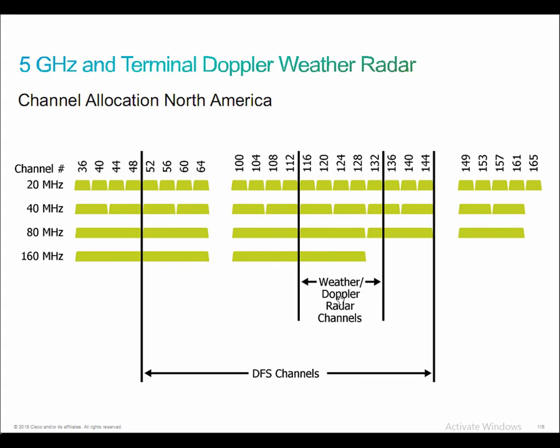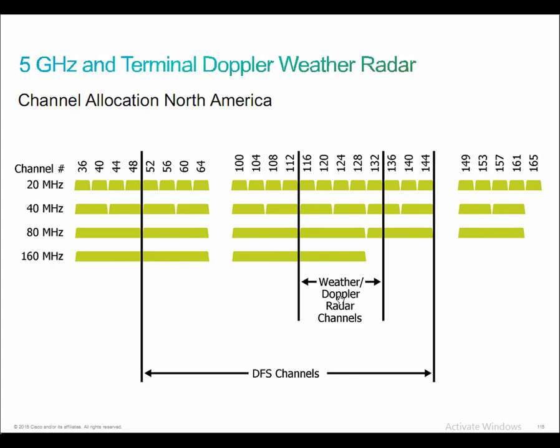TPC is transmission power control. And then we also have DFS, which is a standard, an ITU standard, to enforce restrictions on channels that might interfere with marine, weather, or military radar applications. Okay.